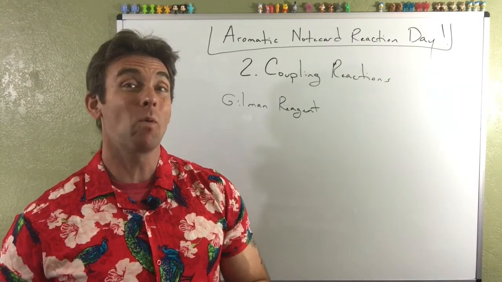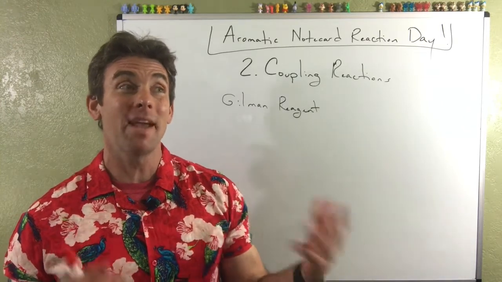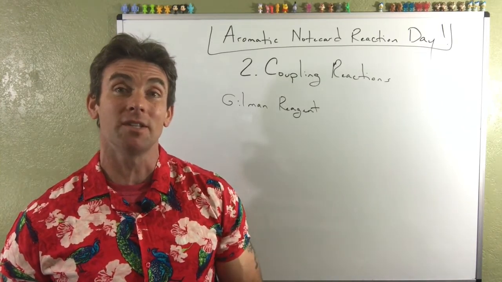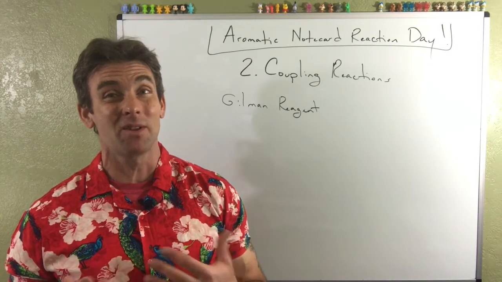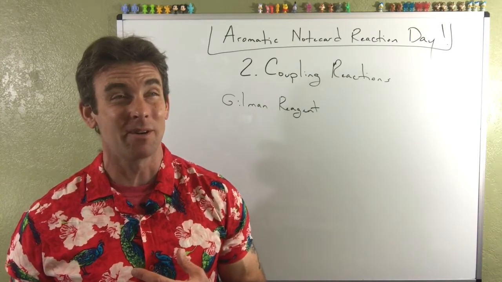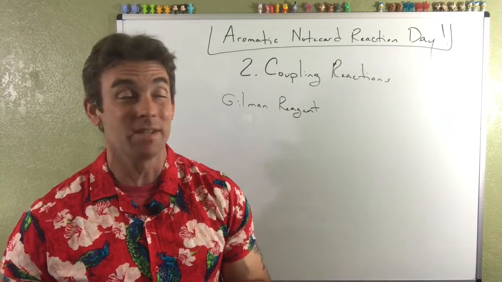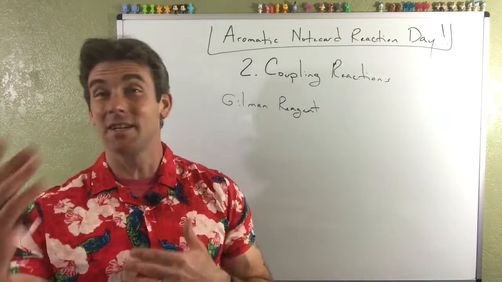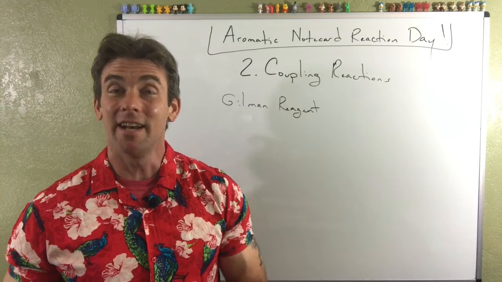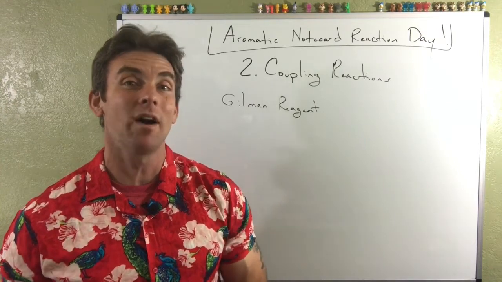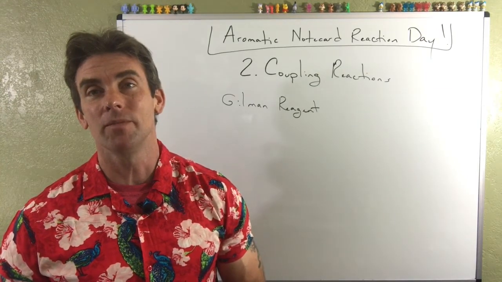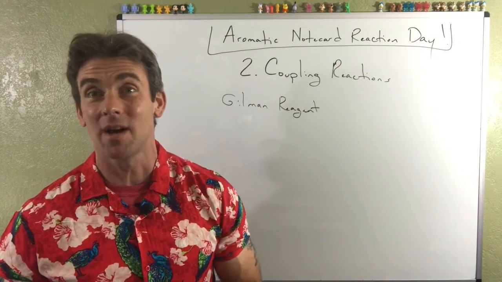You might remember way back in Gen Chem, one of the big pains about transition metals is that they don't really follow the same kind of almost octet rules that we typically talk about. They have all kinds of different oxidation states, and that's exactly what you want if you want some sort of catalytic organometallic process to happen.